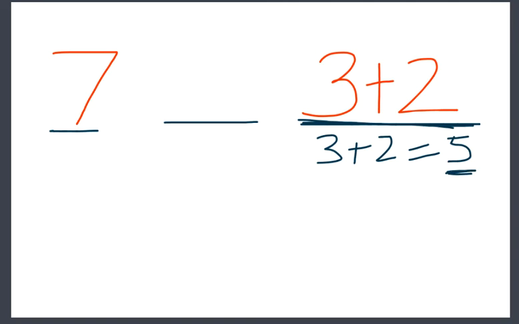So I'm comparing 7 to 5. 7 is greater than 5. My open mouth is going towards the bigger number, and the two points where my symbol meets is pointing towards the smaller number.